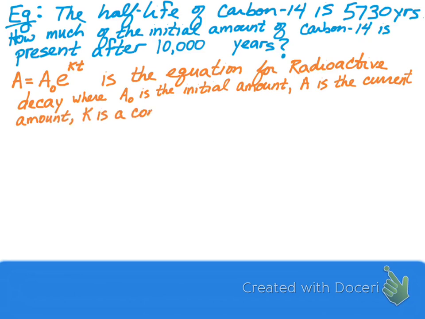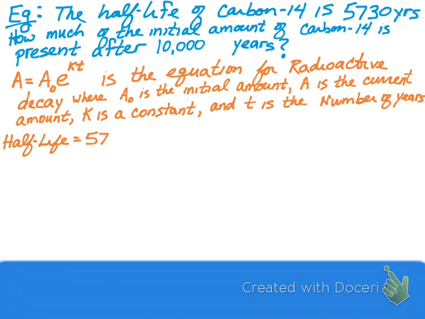And k is some constant that tells us how the carbon-14 is decaying, and t is the number of years. So half-life is the amount of time needed for carbon-14 to go from its full initial amount to half of that initial amount.